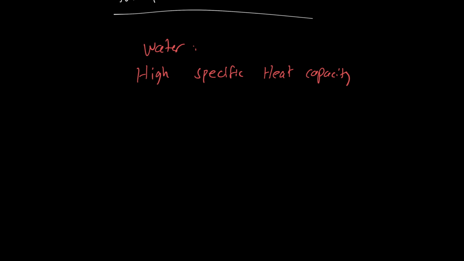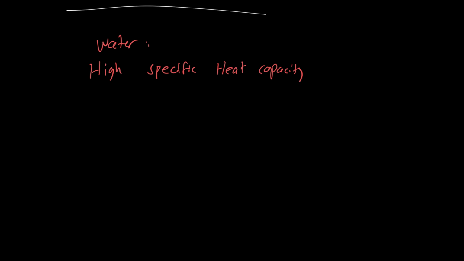So for example, water would have a high specific heat capacity compared to methane, which, since it is not polar and cannot form these hydrogen bonds, would not. Let us actually make a comparison between the two.